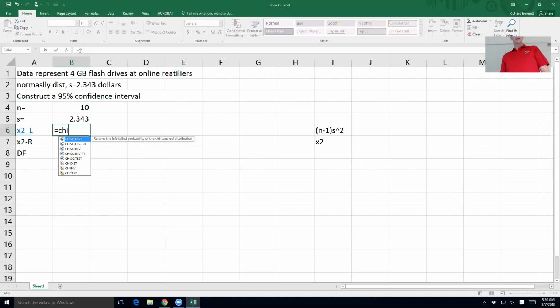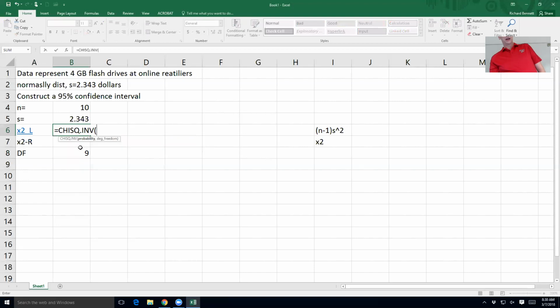Now, which one is it? Is it the dist or is it the inverse? Well, we got chi dist on the right side, and we got chi inverse on the right side. Which one is it? Inverse.